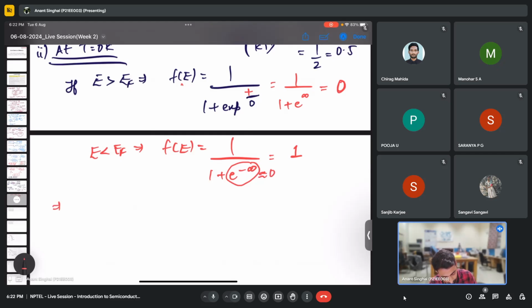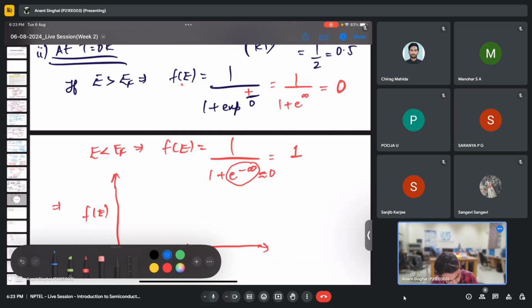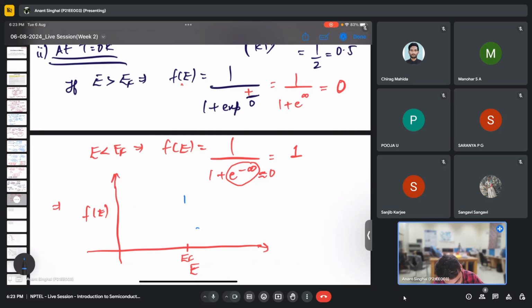So what we have just got to know is, if I plot Fe as a function of energy, at EF, let's say here is EF, I have the probability of having an electron is 0.5.